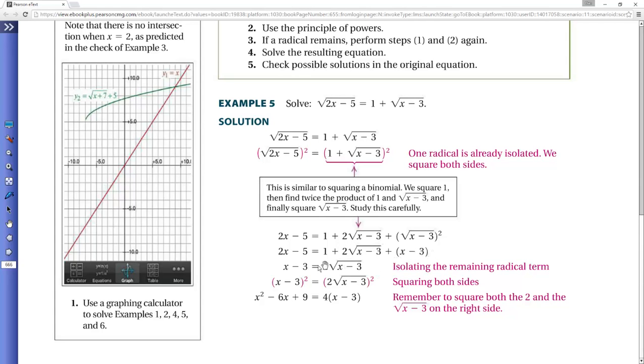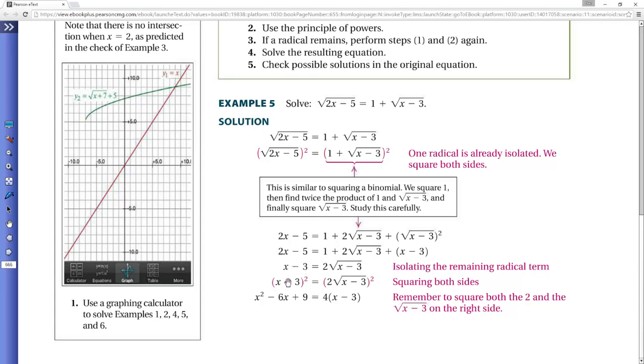Well, this radical goes away. We have some things that we can add, and we end up with a lot of stuff. Basically they're skipping a lot of steps here because it does take a lot of steps to solve these. But they've added 1 and -3, which is -2.